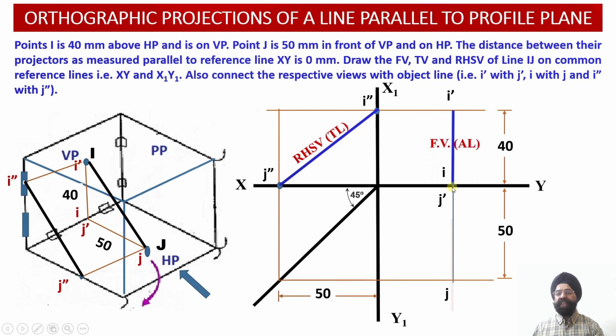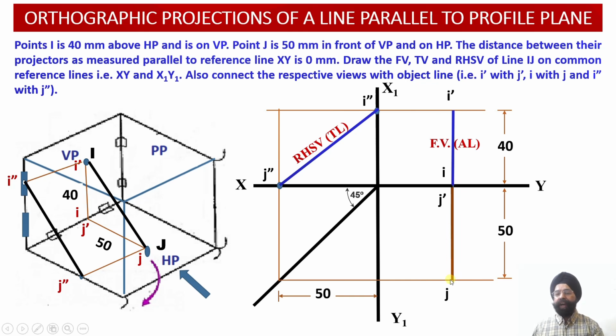Similarly, for the top view projections, I can join I with point J. I have used different colors to distinguish them: a blue color line has been used to join I dash with J dash, and a red color line has been used to join the top view projections of this line IJ, that is small i and small j. Otherwise it would have appeared as one single dark object line over here.